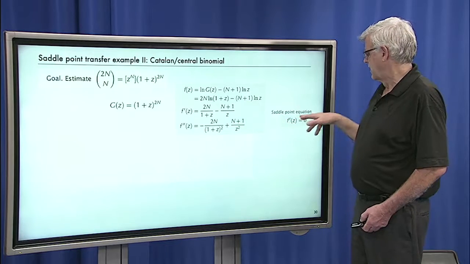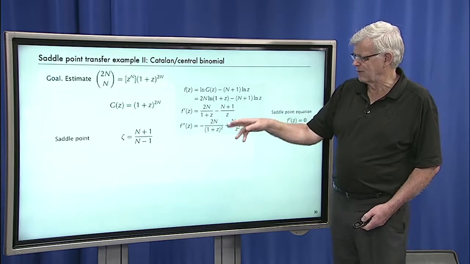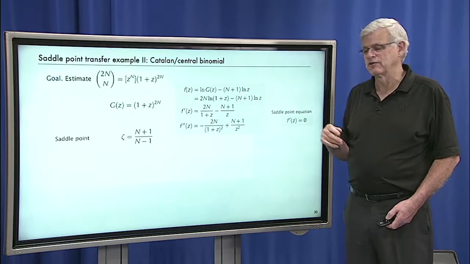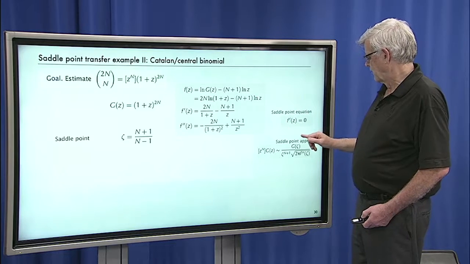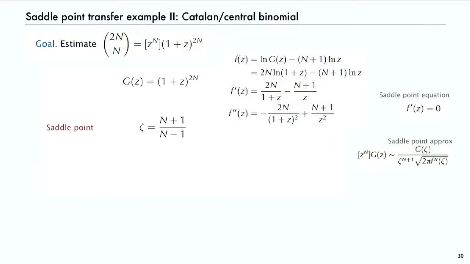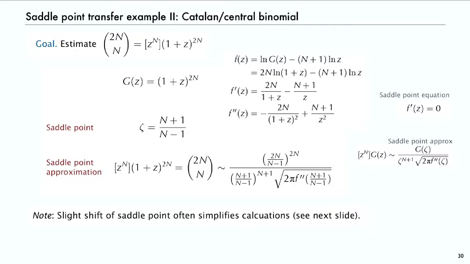Then we take the second derivative, and the saddle point equation is to set the first one to 0. So the saddle point is (n+1) over (n-1), and that's what we saw before. The approximation says to plug (n+1) over (n-1) into this formula, and we get a pretty ugly equation that we can go ahead and estimate.